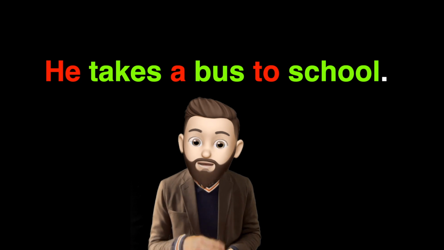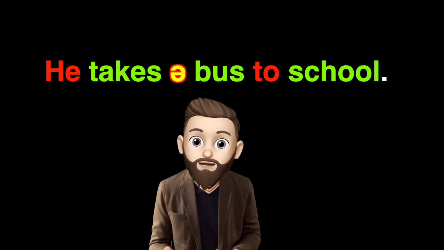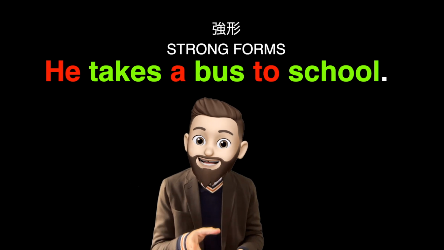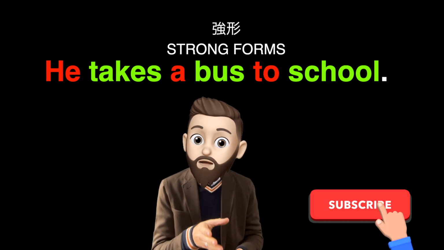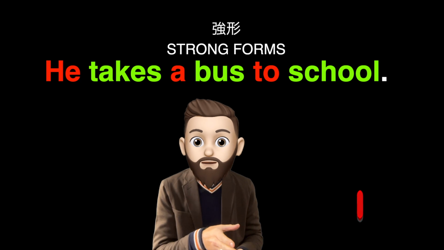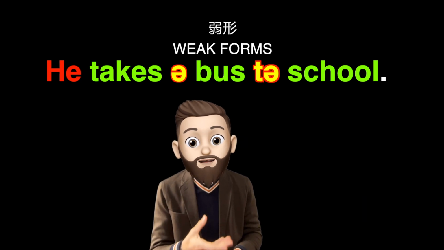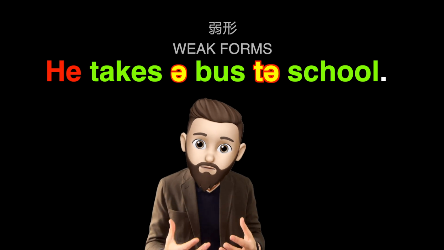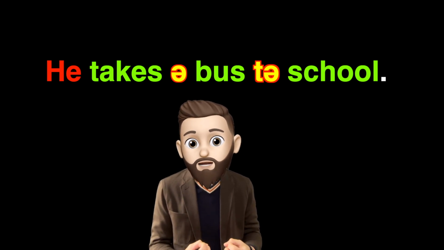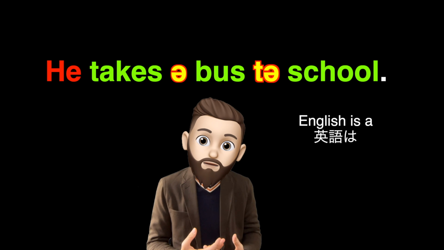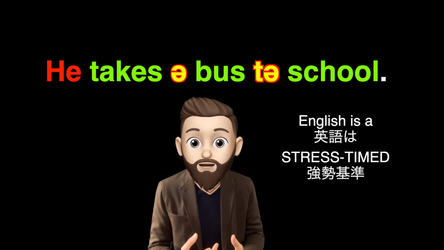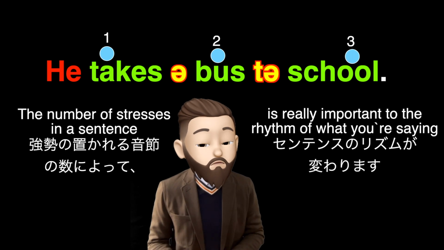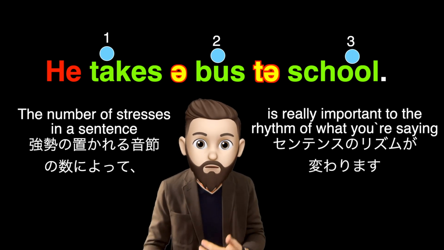For example, "a" becomes "ə," and "to" becomes "tə." So strong forms, "he takes a bus to school," becomes "he takes ə bus tə school." We do this, we reduce the pronunciation to schwa because English is a stress-timed language. The number of stresses in a sentence is really important to the rhythm of what you're saying.